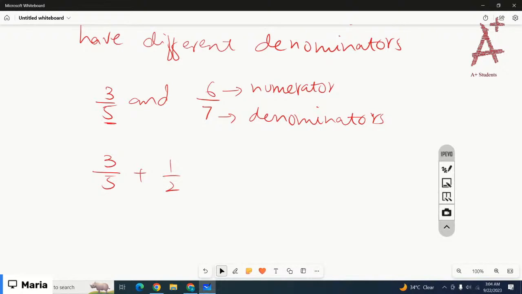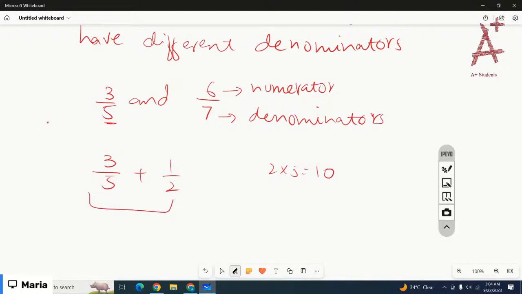You have to make their denominators the same. You have to look for a common denominator. For 5 and 2, because they don't have any common factors, the common denominator would be 2 times 5, which makes 10. You have to make both the denominators equal to 10.